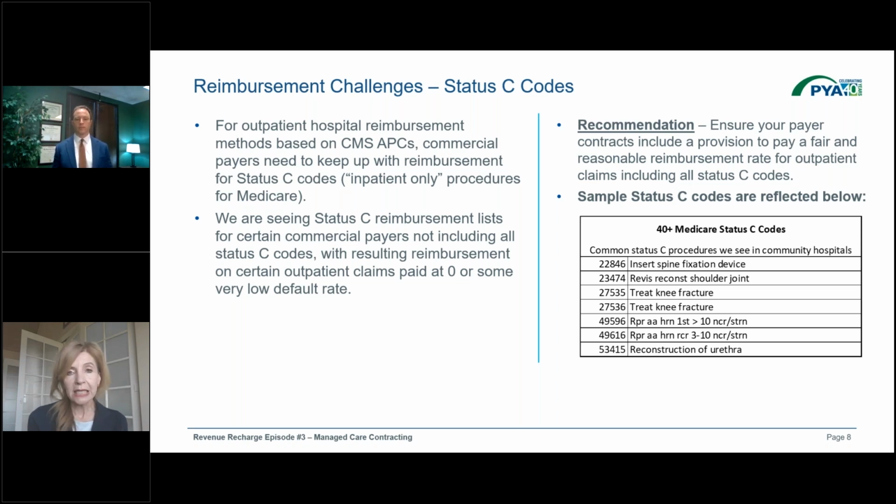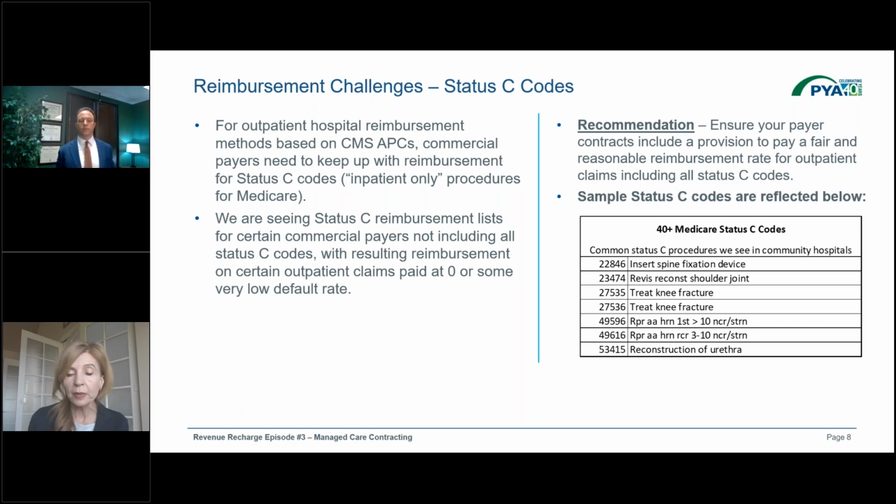The problem we're seeing many payers come up with is that they are not establishing reimbursement rates for some of these C codes. And when we pull some claim data and really understand how those claims are getting adjudicated, we're discovering that a number of health systems are not getting paid on these outpatient claims because they're status C, and the insurer simply has not created a rate for these codes.